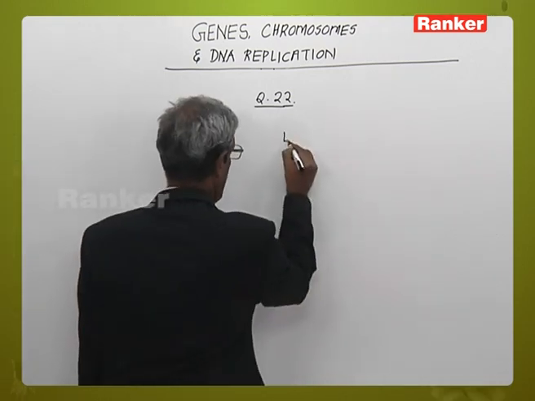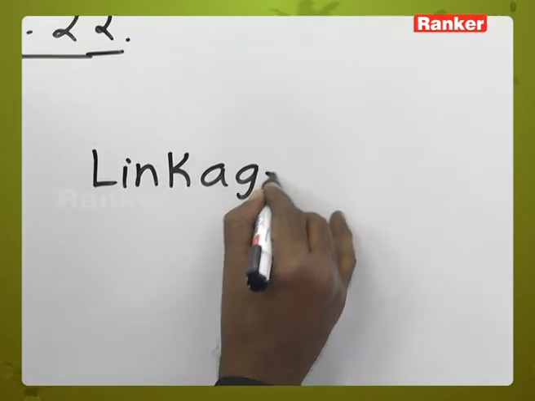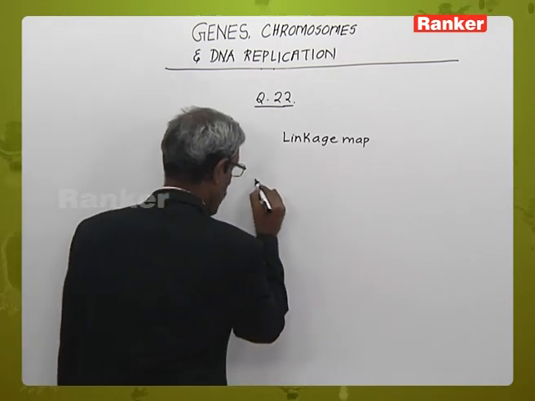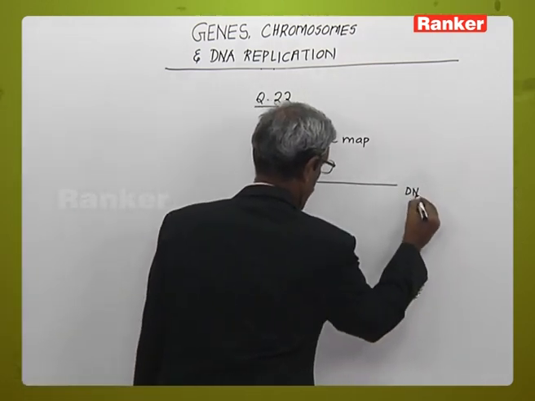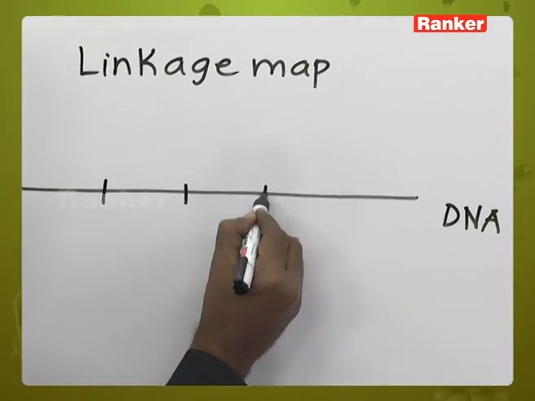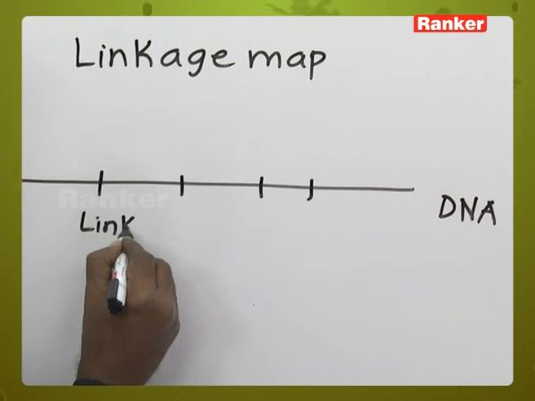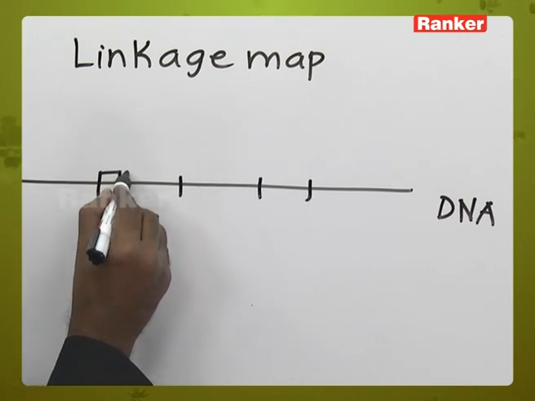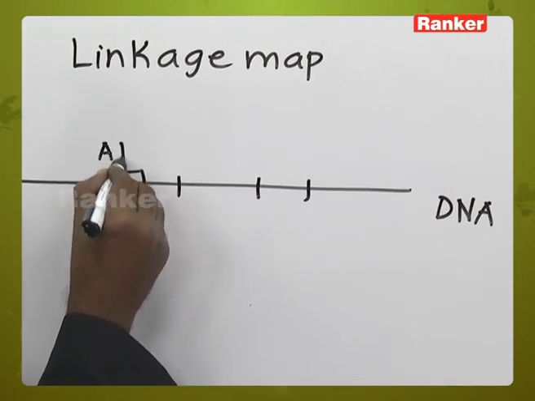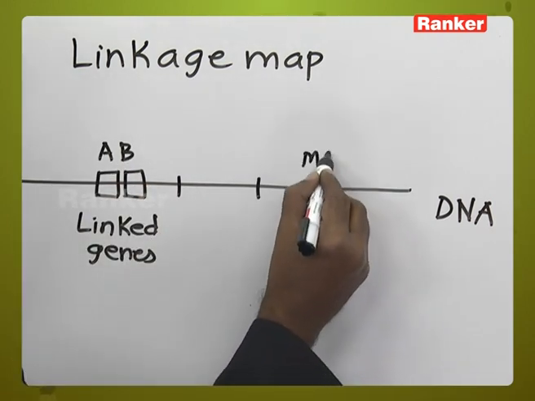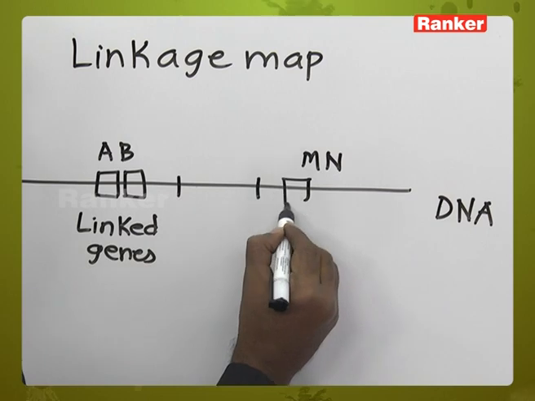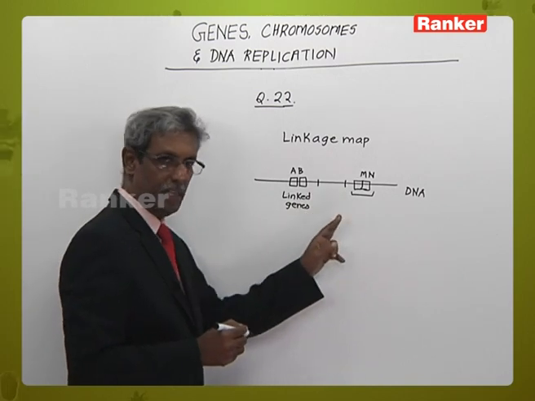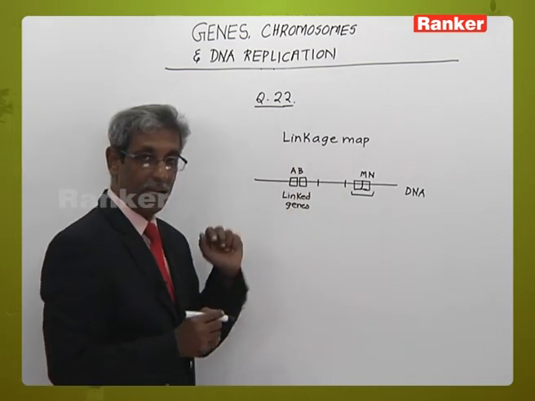Now, a linkage map is a diagrammatic representation of places on the DNA where linked genes are present, that is, it may involve an A gene and a B gene, a cluster of A and B, or it may include another cluster called M and N. So, this process of arrangement of the linked genes diagrammatically is termed as a linkage map.